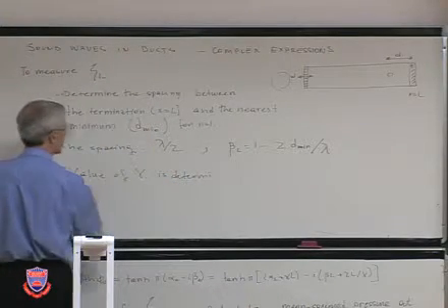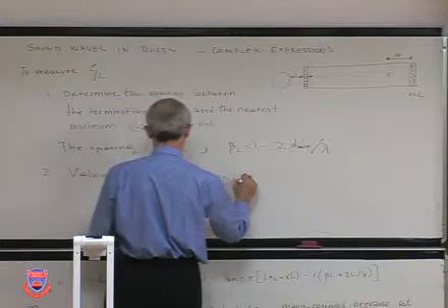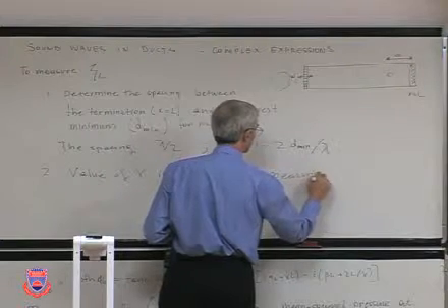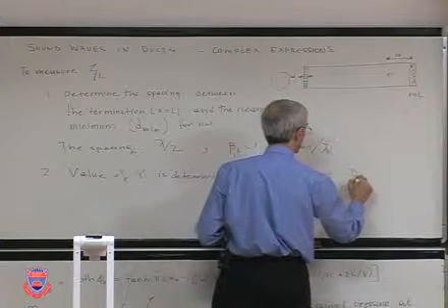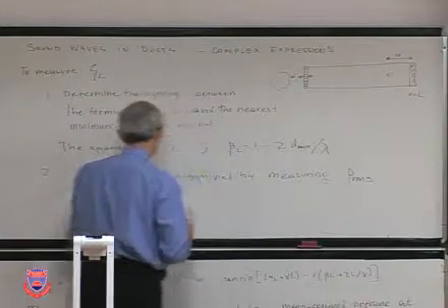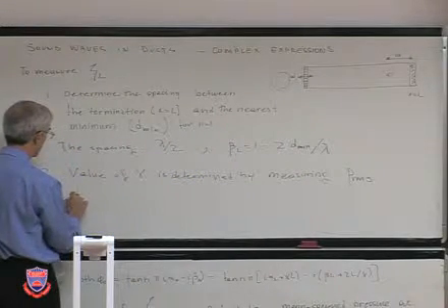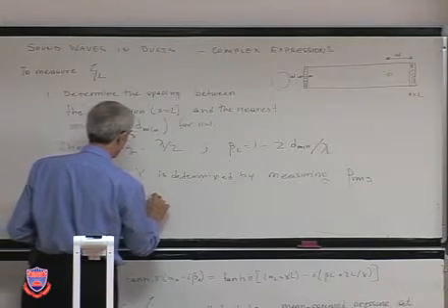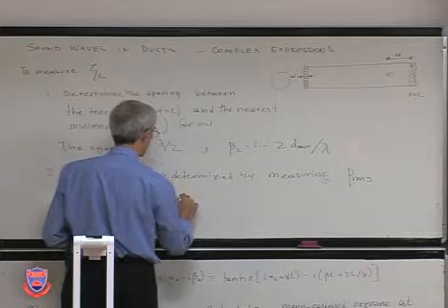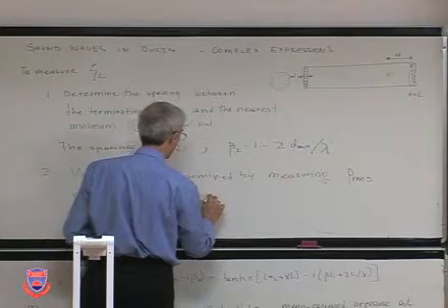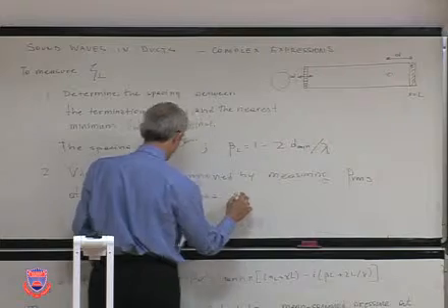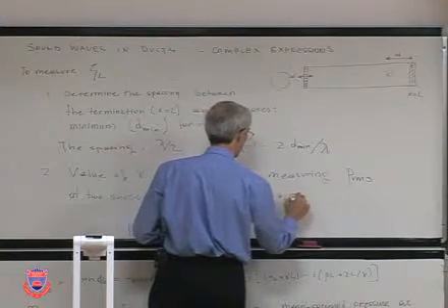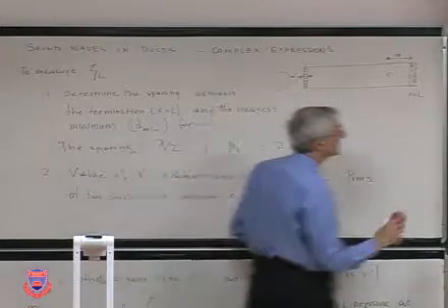This is number 2. It's determined by measuring pressure at 2 successive minima. For example, at n and n plus 1. And if we do that, let's see.